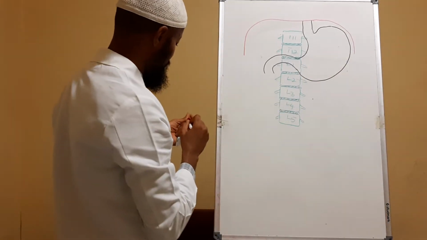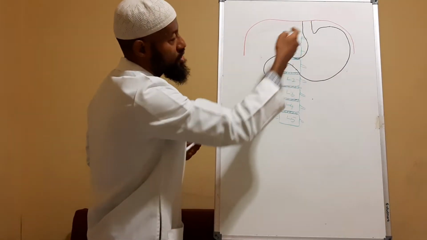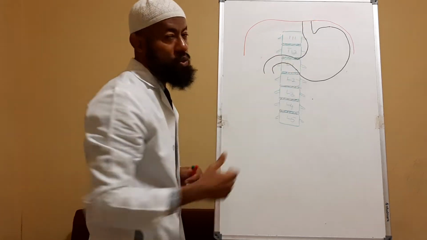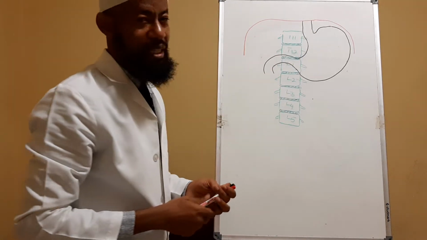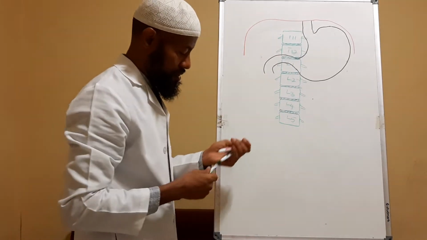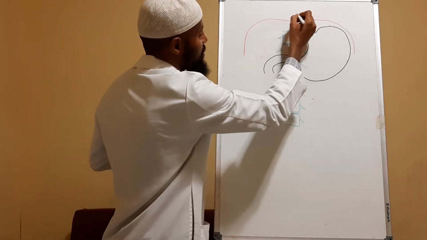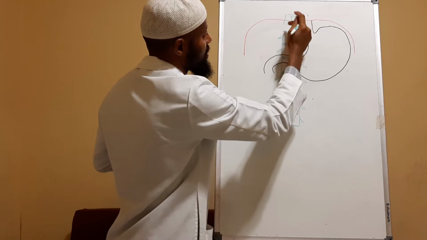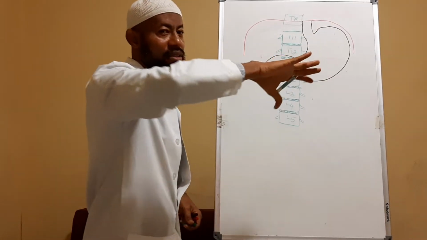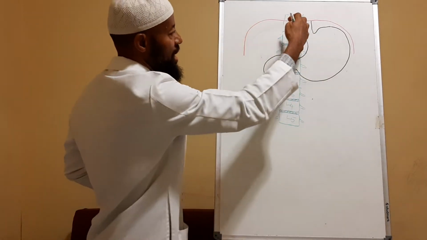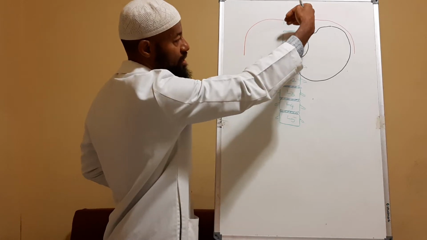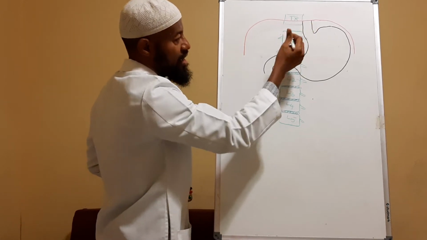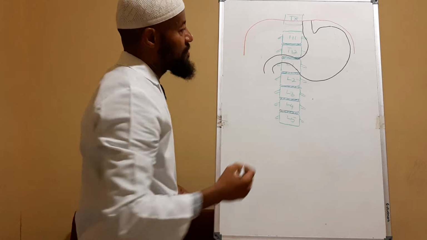From the esophageal hiatus, you go in at the level of your T8. Somewhere up there is T8, because the diaphragm is dome-shaped. So you can have T8 all the way, T9, T10, and then T11.